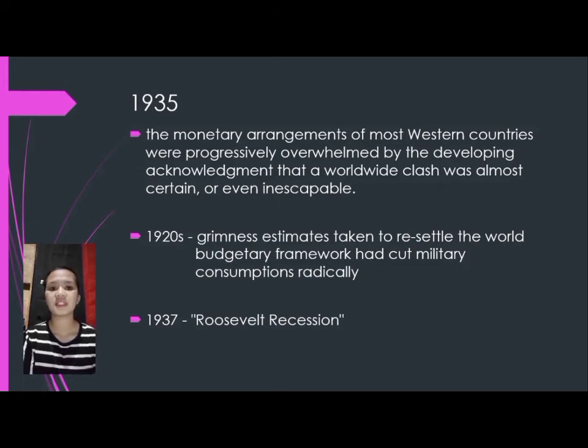The last attempt at the gold standard came when the effort to balance the United States budget in 1937 led to the Roosevelt recession. Even such gold backers as Roosevelt's advisers yielded that until it was possible to balance the budget, a gold standard would be impossible.